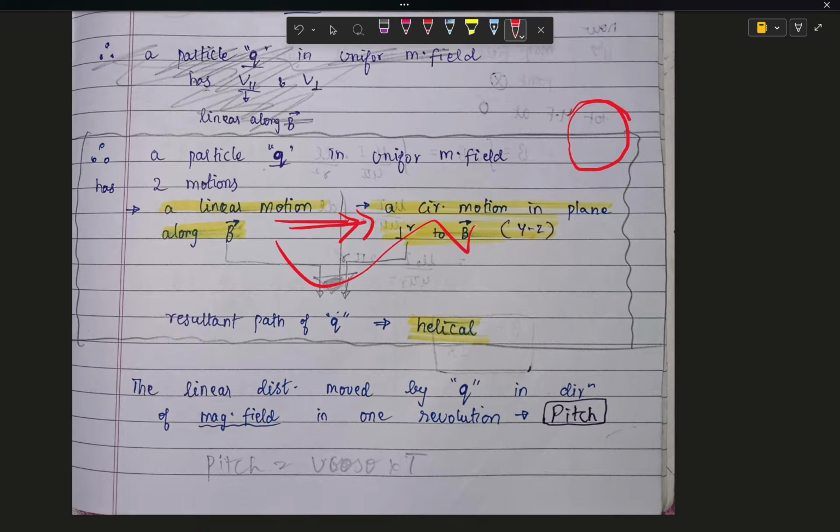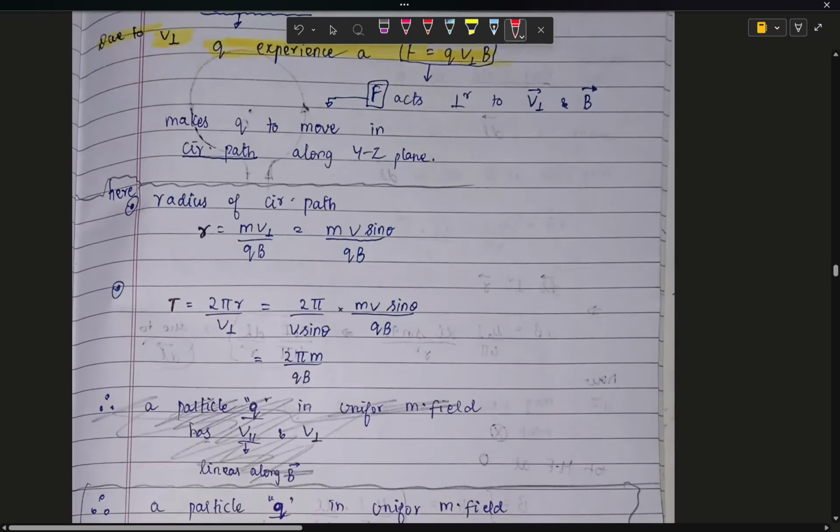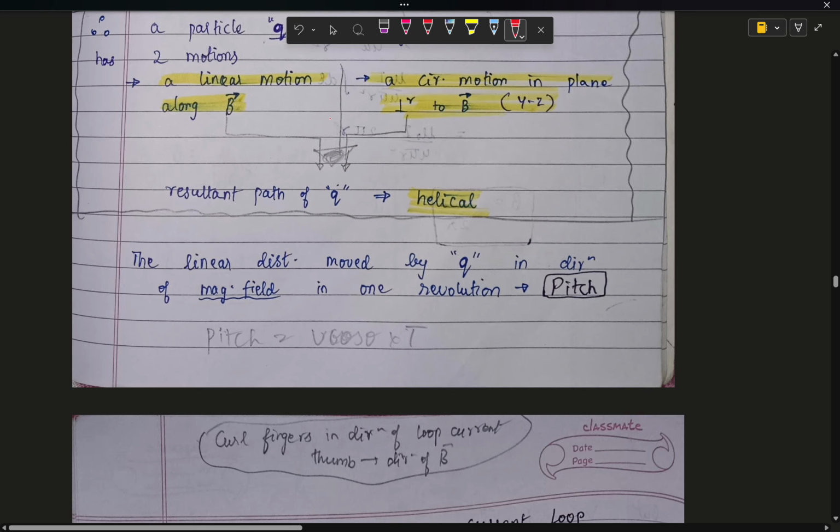Combining these two things, that's how the helical path, the shape known as helical, is attained. This is a very theoretical concept. You should know why the path of the particle is helical: it is because of the linear motion as well as the circular motion. Combining these two things, the particle moves in a helical shape.